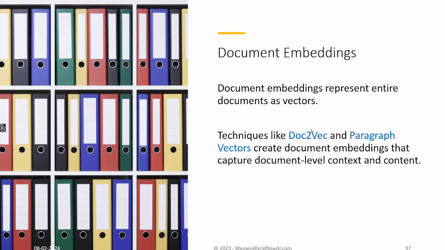So techniques like document to vec, paragraph to vec, or sentence to vec are commonly used in this context. Essentially, document to vec or paragraph to vec will capture the representation or the meaning of that particular unit, let's say a sentence or paragraph or the entire PDF.